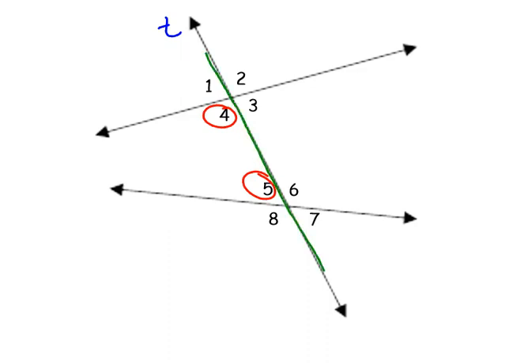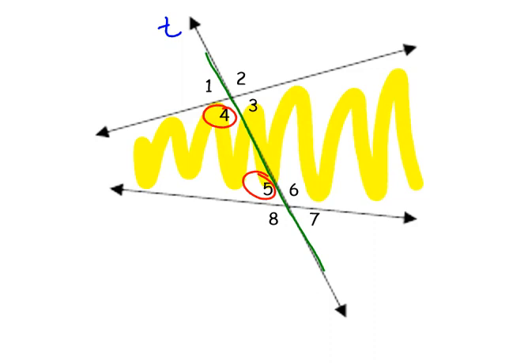They're on the same side of the transversal. And we can highlight all of this. This is our interior, because that's the part that falls between the two lines. So the only interior angles we have are 3 and 4 and 5 and 6. So 4 and 5 are co-interior, and 3 and 6 are going to be co-interior.